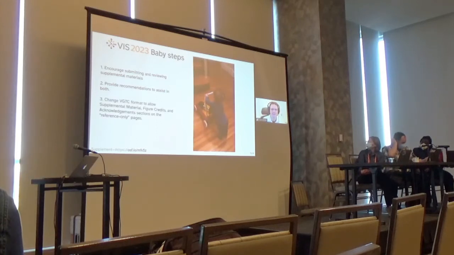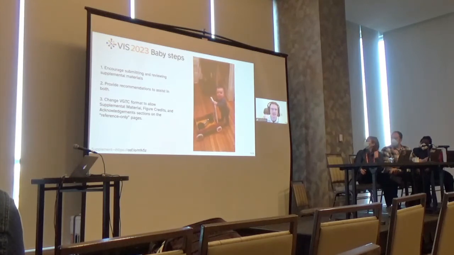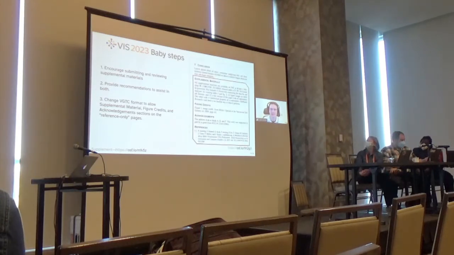And we're going to change the paper format to allow supplemental materials and a couple other sections on the references-only page there at the end, so that it doesn't count for the main body of the paper. Hopefully that'll encourage people to write a little bit more about where their stuff is and how to find it, as well as crediting where things came from.